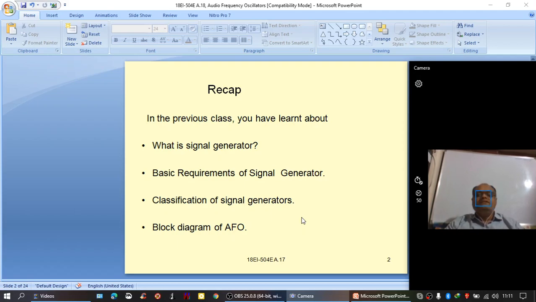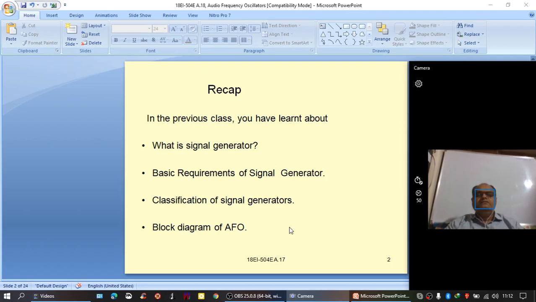The other one is attenuator. Attenuators provide variable amplitude signal. That is, it provides for the adjustment of the variation in amplitude of the AFO output. This is what we have seen in the last class.